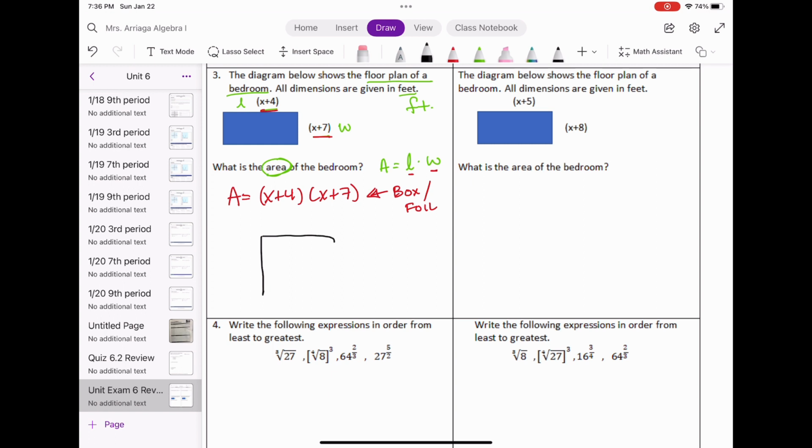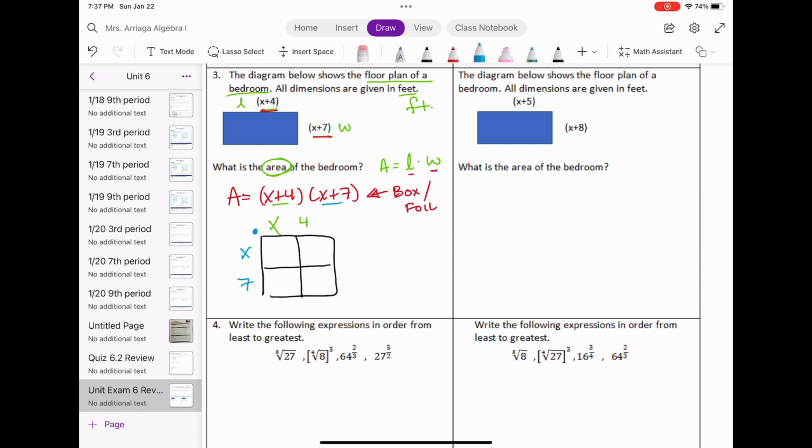I'm going to use the box method. So let's put the first binomial on top and the second binomial on the side. From the outside in, we multiply.